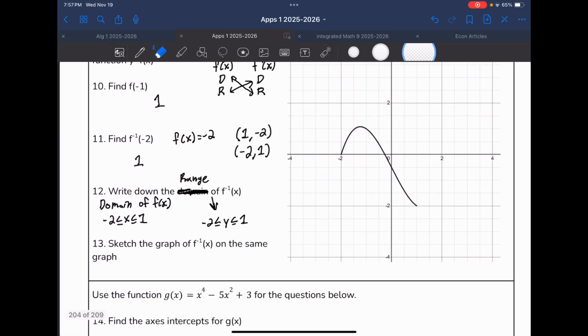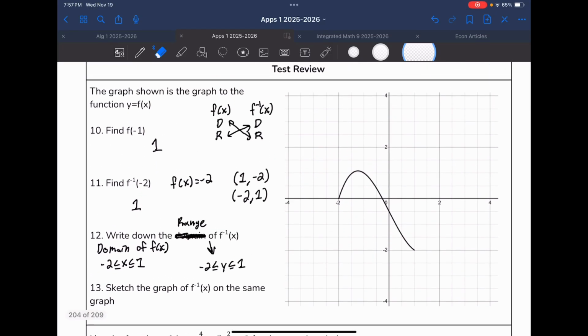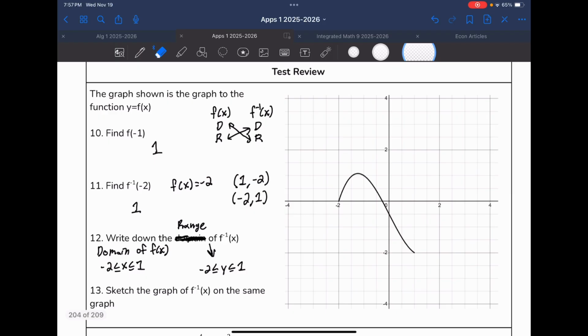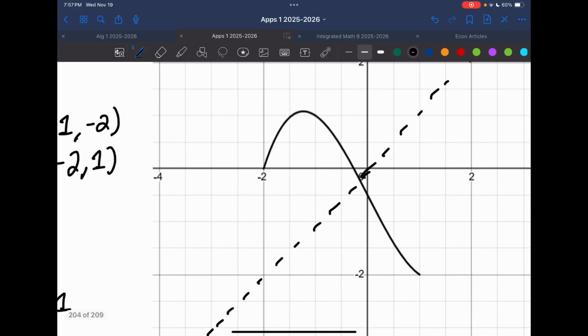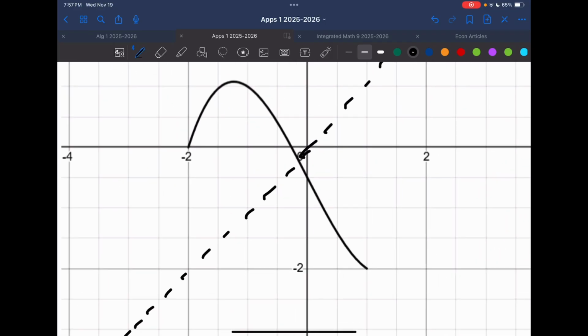All right, and then looking at question 13, so now we need to sketch the inverse of this on the same graph. For that, I'm going to draw a dotted line along the line y equals x. And so we know we're going to want to flip it over that line. What I recommend doing here is giving yourself some anchor points to work with.